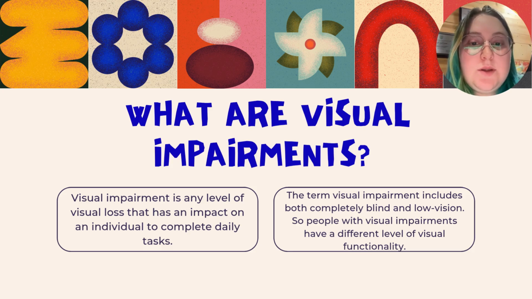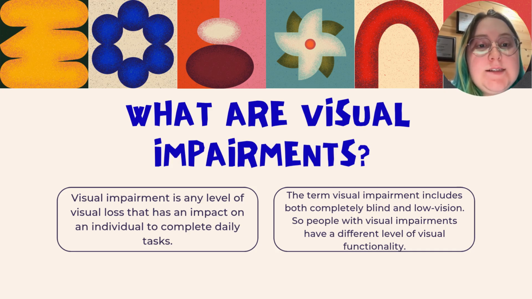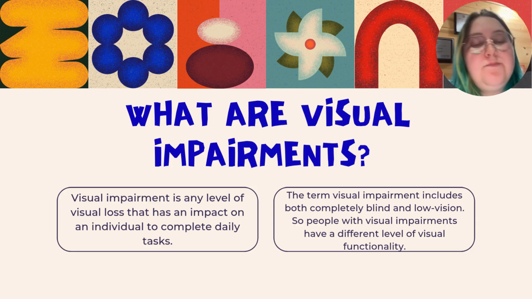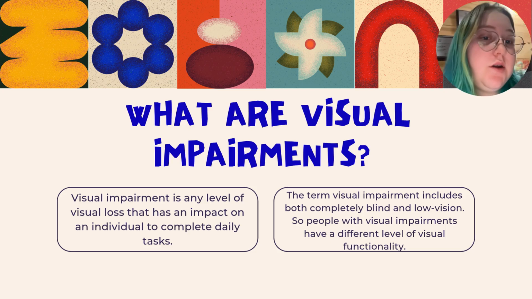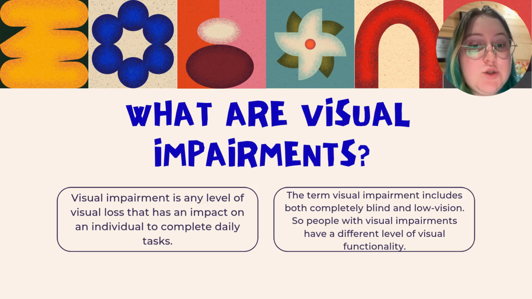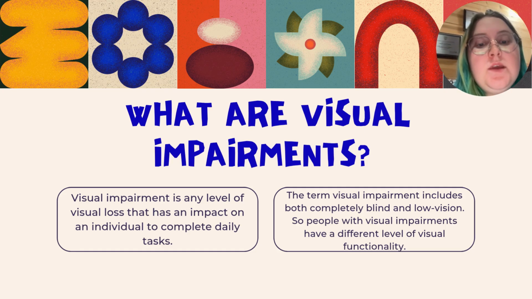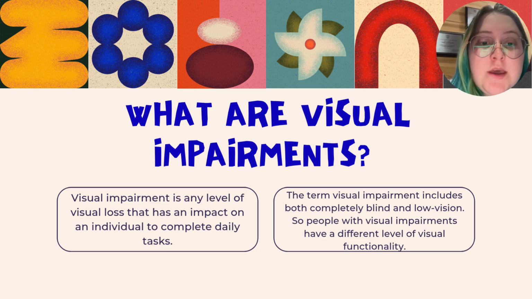What are visual impairments? Visual impairments is any level of vision loss that has an impact on somebody's life in their daily tasks, like waking up and walking to the bathroom, or making food, trying to do schoolwork, things like that. The term visual impairment includes both completely blind and also low vision.